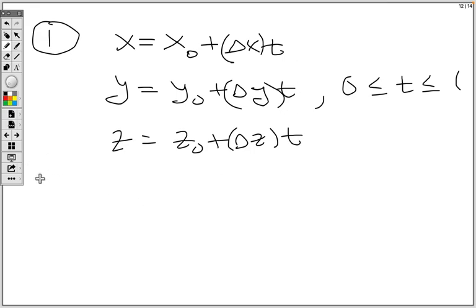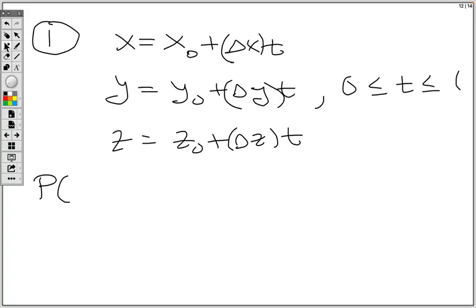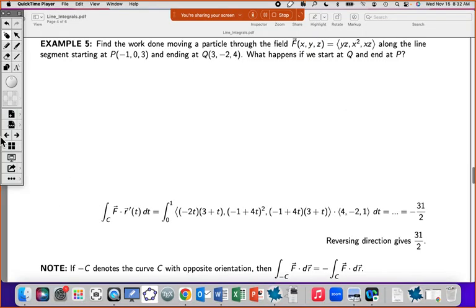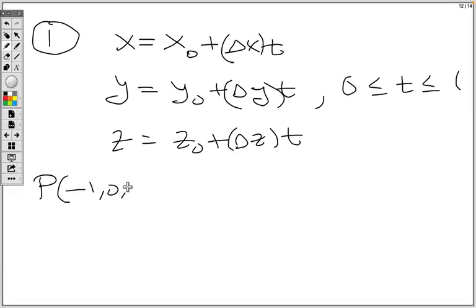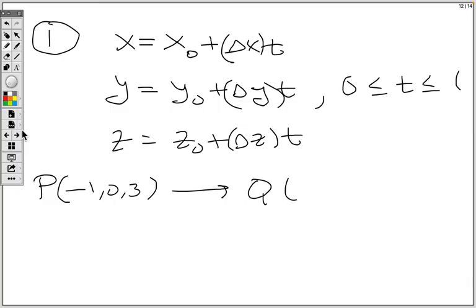And so they tell us here the point P we're going to start at is negative 1, 0, 3. And then we're going to go to Q, which is 3, negative 2, 4.